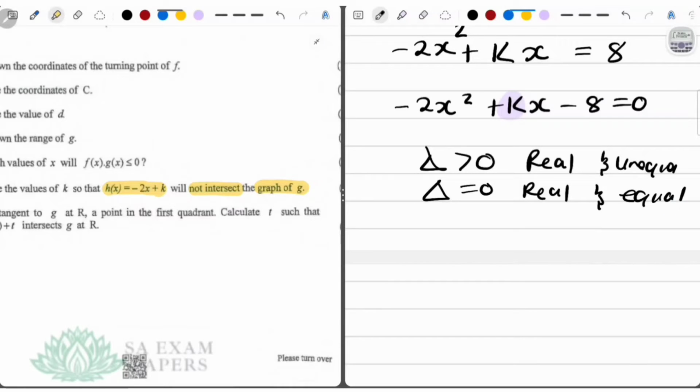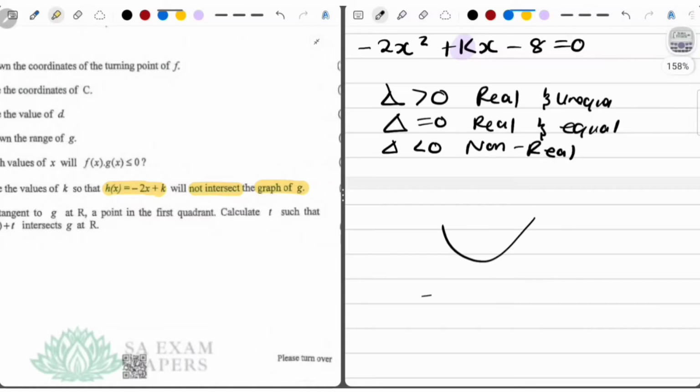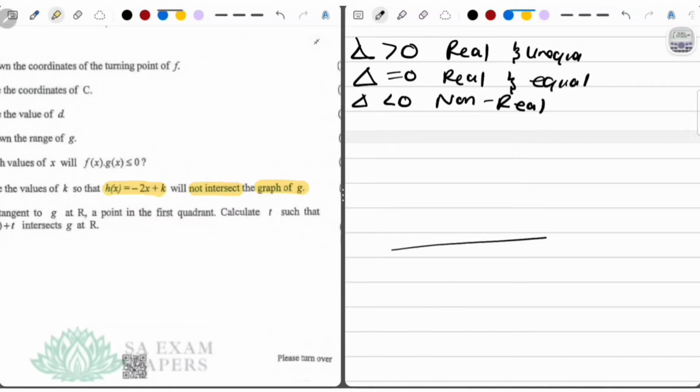Real and equal really just means it's the same number, like x minus 3 and x minus 3. And if delta is less than 0, your roots will be non-real. In other words, they don't exist, meaning the parabola that you form doesn't have roots. It doesn't intersect the x-axis. It may be way above the x-axis, depending on its shape, so it doesn't even touch.